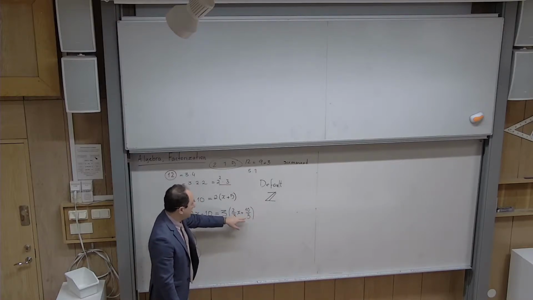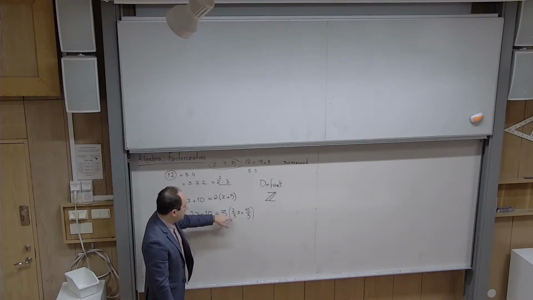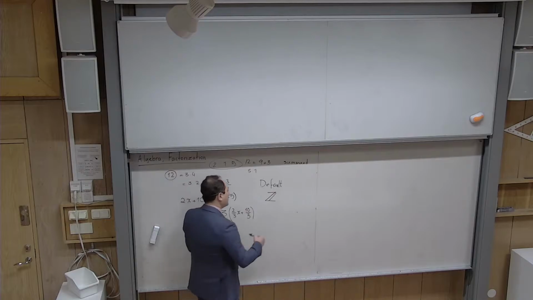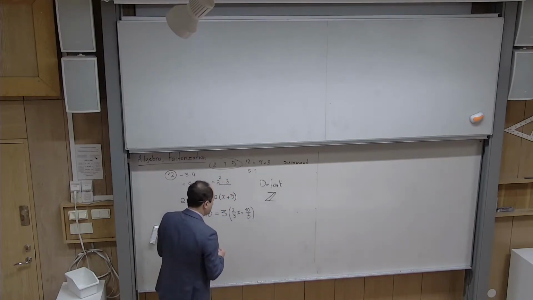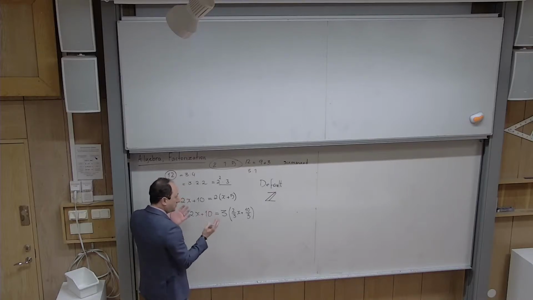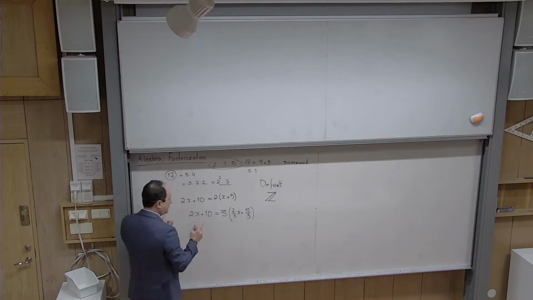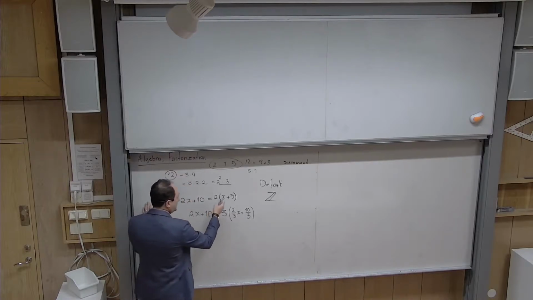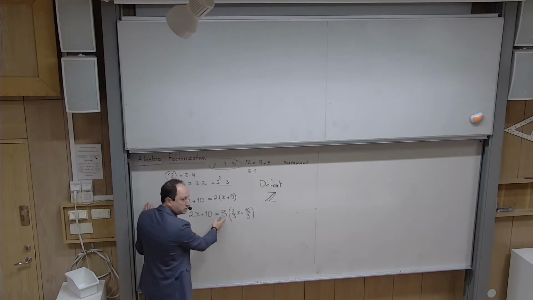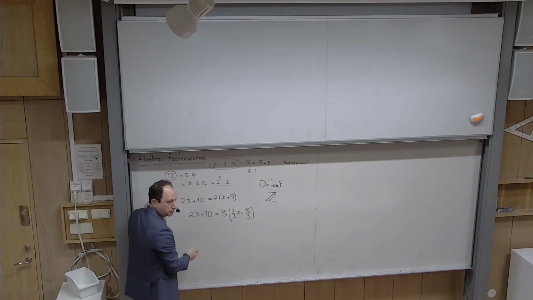So you are not allowed to write this. If I want you to do this, then I have to extend this beyond the integers. I might say, okay, work with the rational numbers, the fractional numbers. But all the questions in the book are dealing with the integers. If someone asks you, is this a factorization? I would say, yes, if you allow me to work on the set of rational numbers.